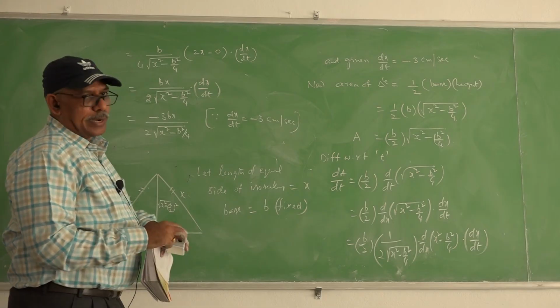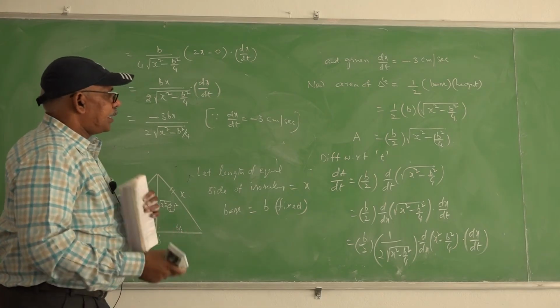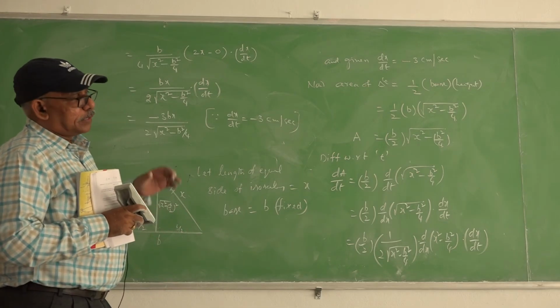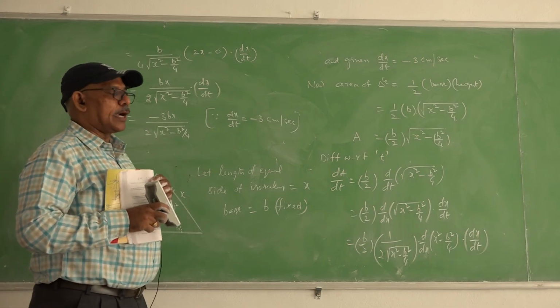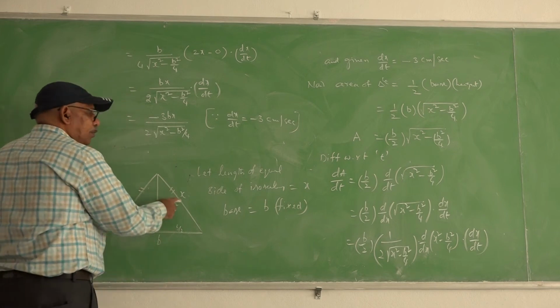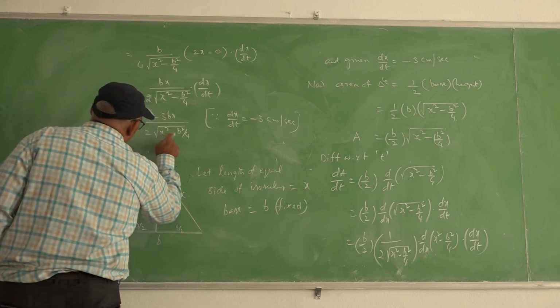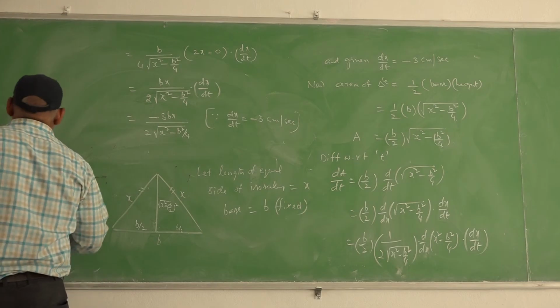Now, this value, the rate of change in the area, is obtained when the equal sides are equal to the base. That means, in case of equilateral triangle, x equal to b. When x equal to b, this is needed.